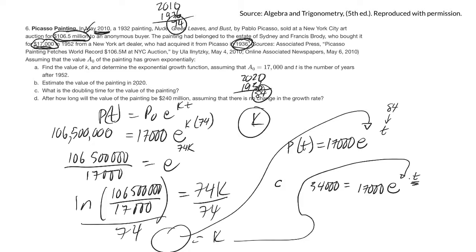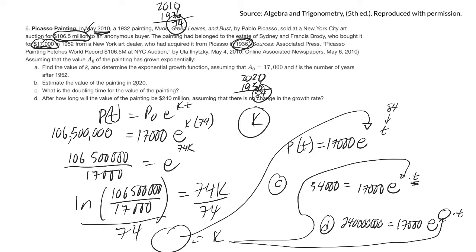And then the last question, after how long will the value of the painting be 240 million? So for D, 240 million is what they want me to end up at. And I'm starting at 17,000 e to the k, again that's the k from there, times t, solve for t.